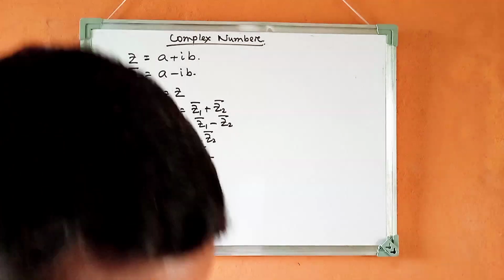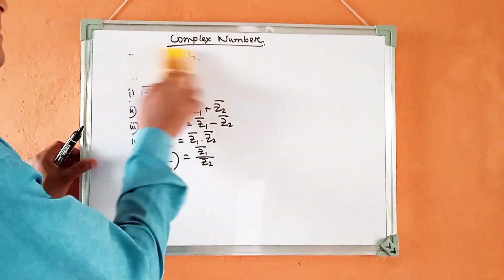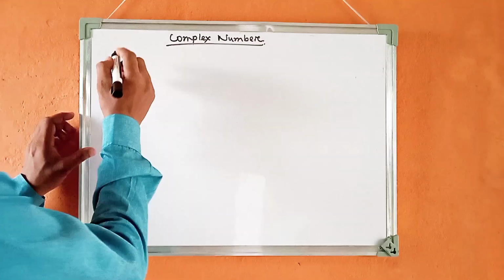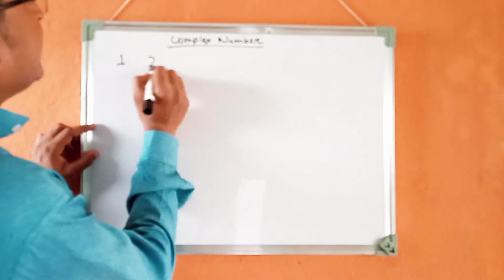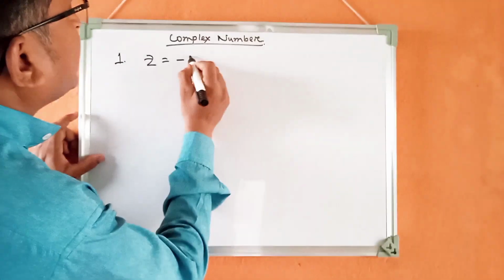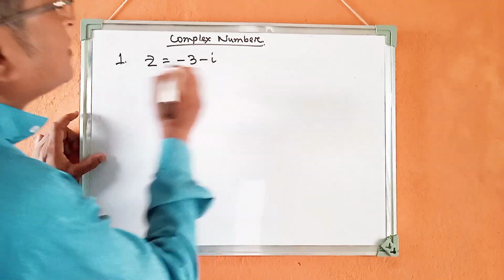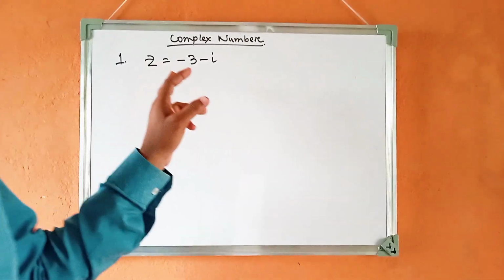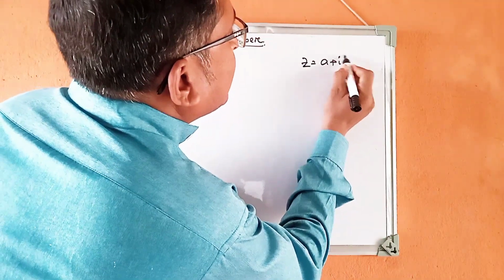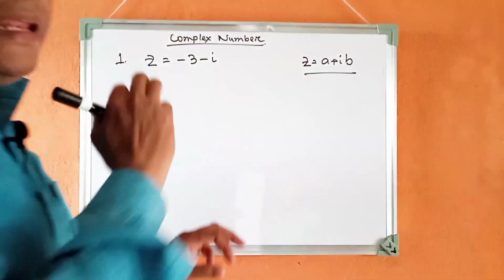See carefully. Example number 1. Z is equal to minus 3 minus i. This is the complex number, and the standard form is A plus iB. Z is equal to A plus iB. This is the standard form of any complex number.